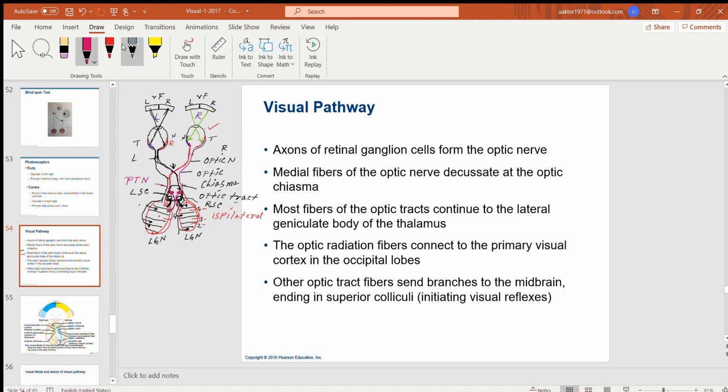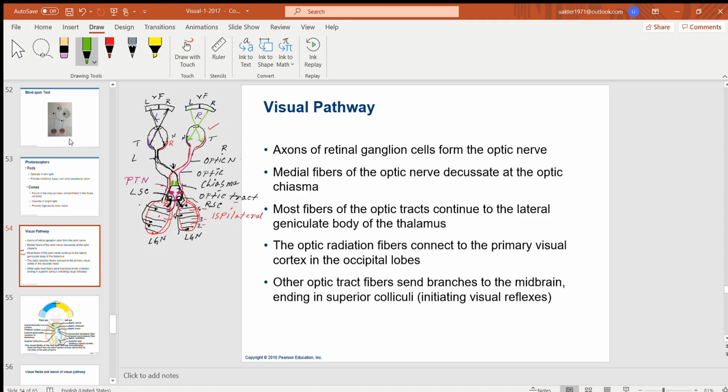And then the last structures I am showing here in green are also very important. These are called the Edinger-Westphal nuclei.